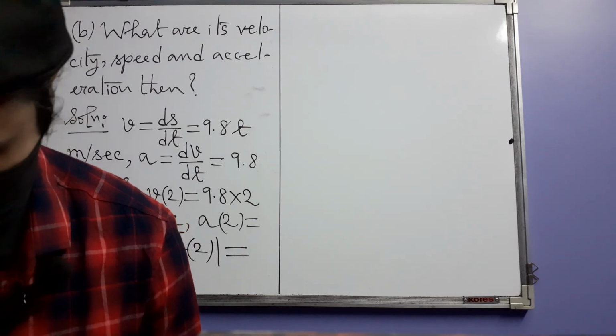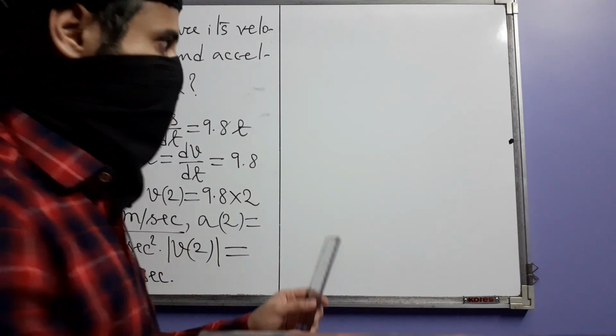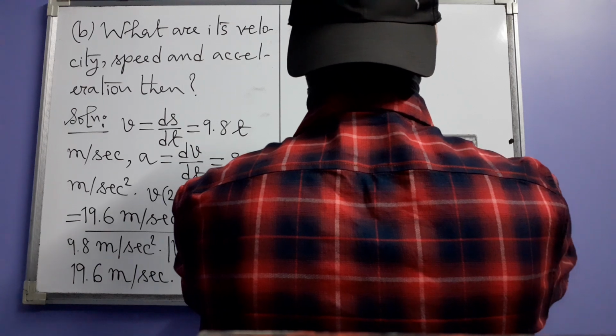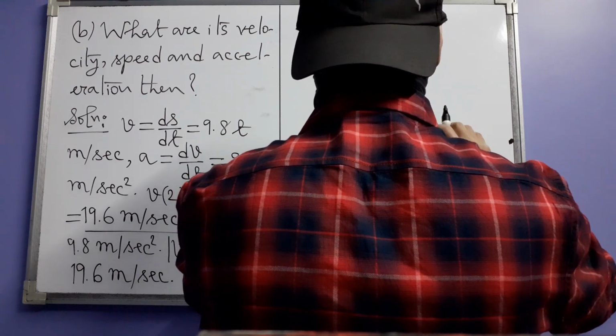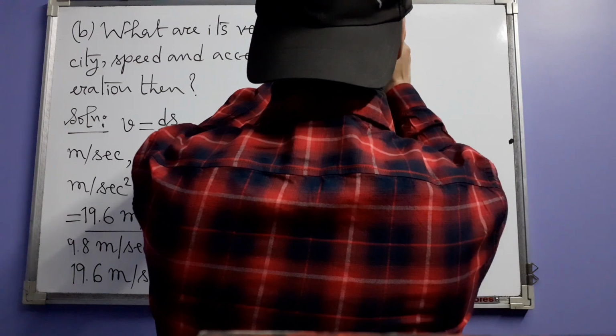Let me draw that diagram. That will clearly show, I mean, of course, we will write down the question also, but still it will show us more clearly what's going on.